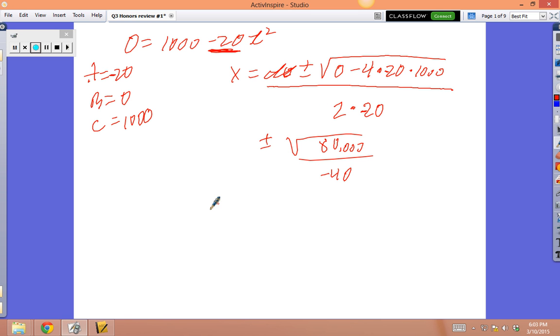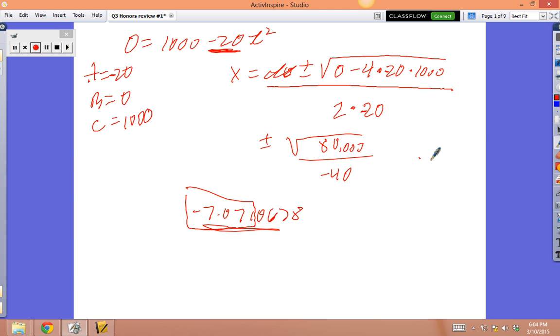one of my zeros is going to be negative 7.07106778. So the calculator is giving me this decimal. If I ask for 3 places, this is what we're after, but this one doesn't really make sense. Negative 7 seconds, so it's going to be the other 0 that I want.